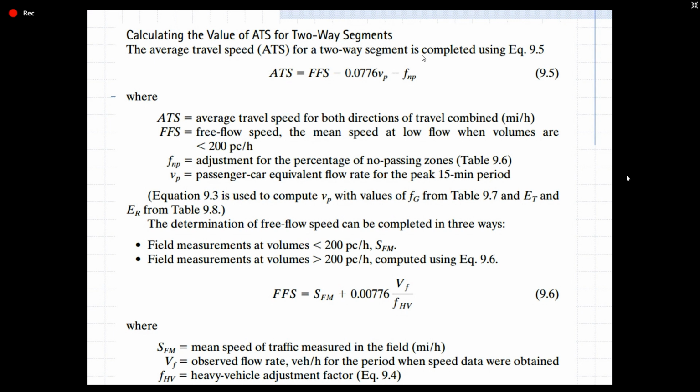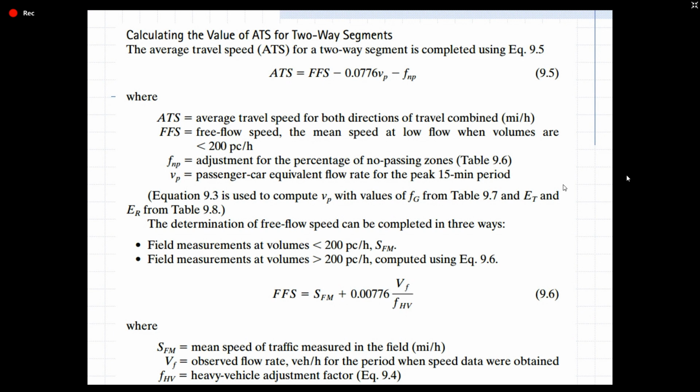This is your, again, your adjustment with respect to your no passing zones. So, yung free flow speed natin, kung pwede, you can measure this. Pwede mo itong i-measure sa field. So, yung using your equation 9.6.